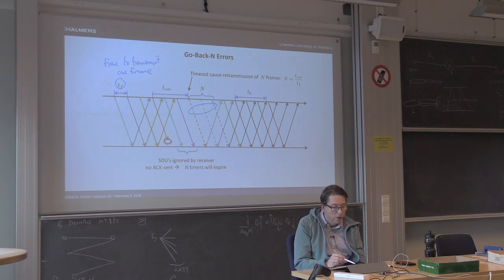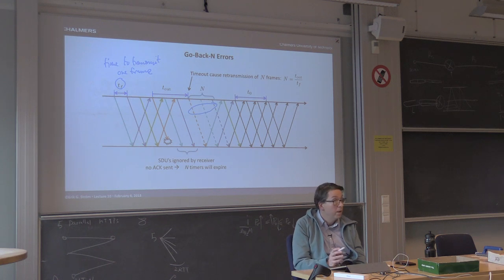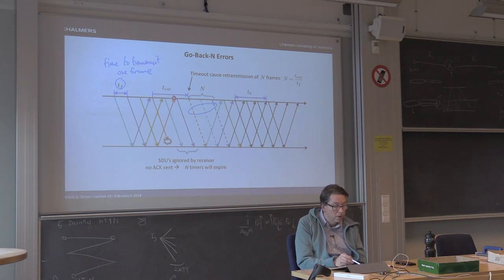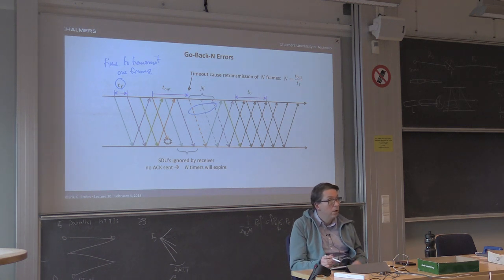Well, it has to do with the timeout and how many frames we happen to be able to transmit during the timeout, because the transmitter does not understand that something has gone wrong until the timeout hits. So N, the number of frames that are retransmitted, is the timeout divided by the time it takes to transmit a frame.